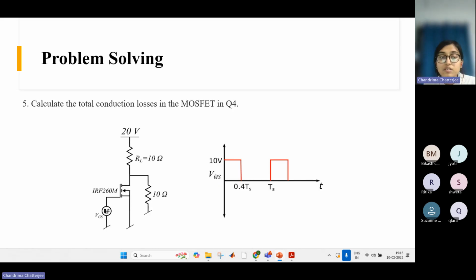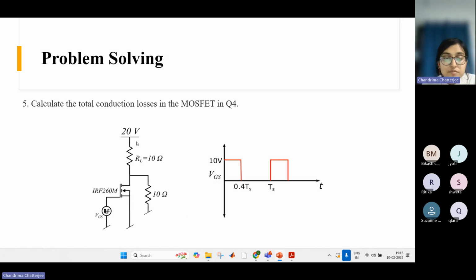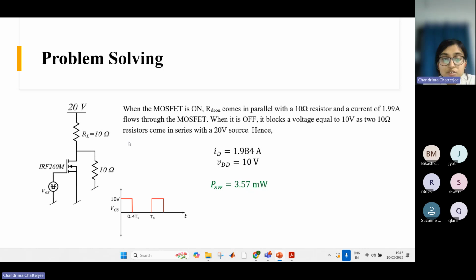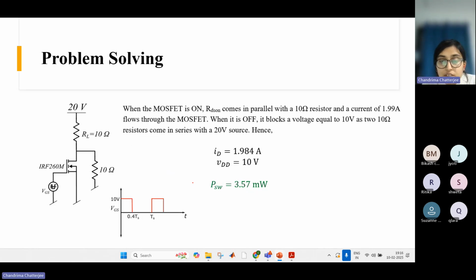So I will draw it a bit so that you can understand properly. When we are providing this pulse, the equivalent circuit will be something like this. Okay.